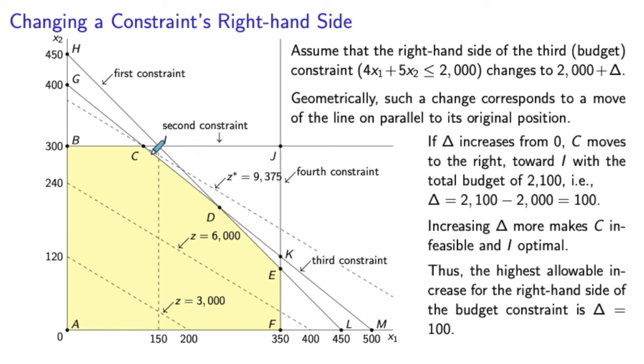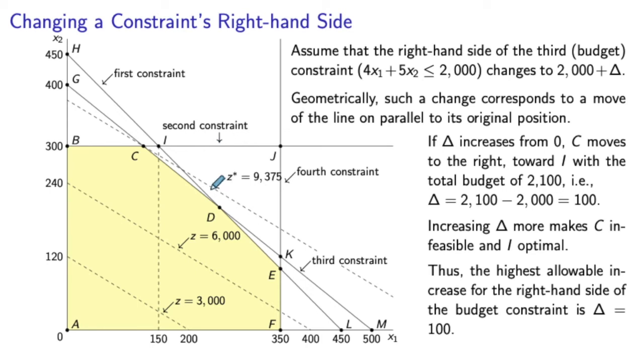Alright, and we should observe that the previous optimal solution will always remain optimal as long as it remains feasible, as long as the change in the constraints doesn't make this point infeasible. And we saw that for the changes done to the right-hand side of this constraint, in order for the point C to become infeasible, it needs to move further past I along the line corresponding to the second constraint when we increase the right-hand side of the third constraint.